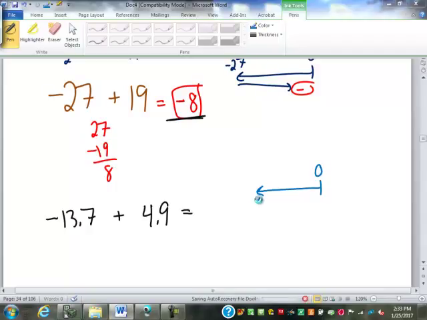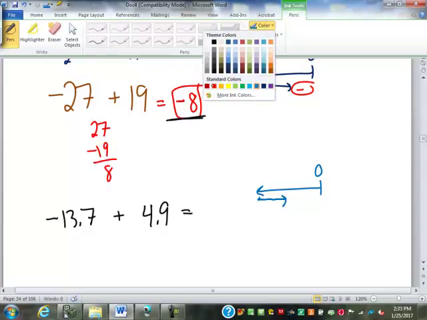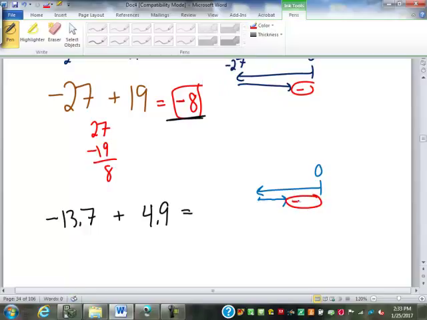Longer or shorter? It's shorter than 13, right? So we're staying on the negative side of 0. Our answer is negative. And again, the arrows go opposite directions, so the result is the difference between their absolute values.